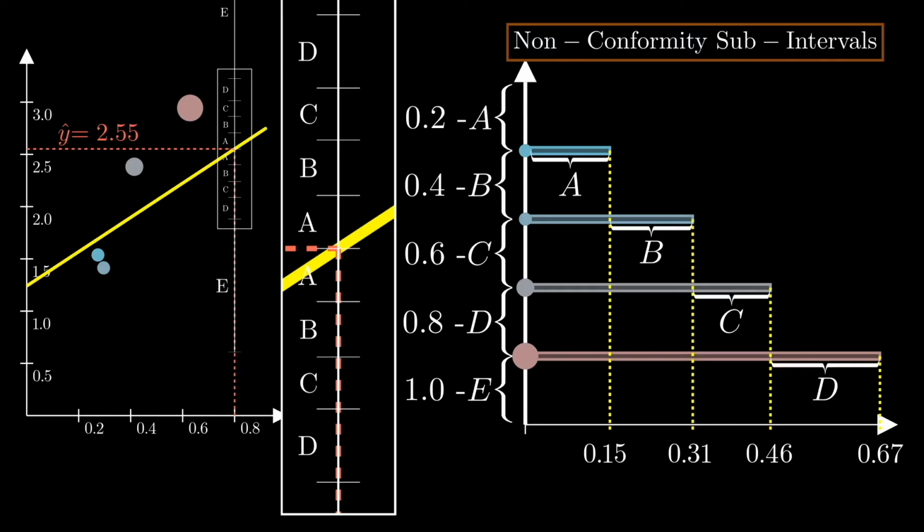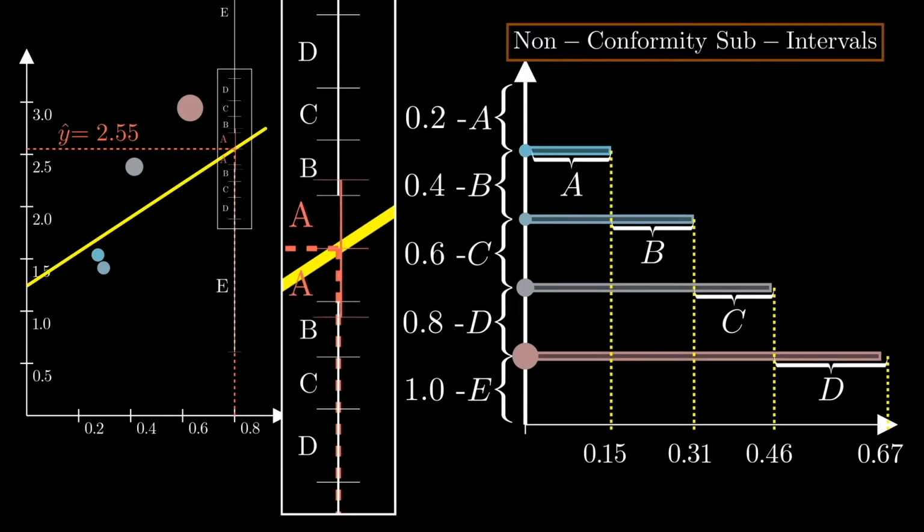For example, ranking subinterval A, or equivalently, non-conformity subinterval A, correspond to y values between the point prediction 2.5 plus minus 0.15. This means that a plausible value within that range will lead to a non-conformity less than 0.15 and will put the test point at the ranking subinterval A. Here is the critical point. Due to exchangeability, these subintervals are equiprobable.